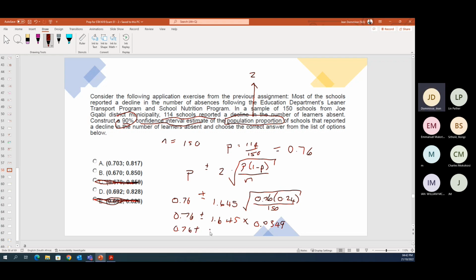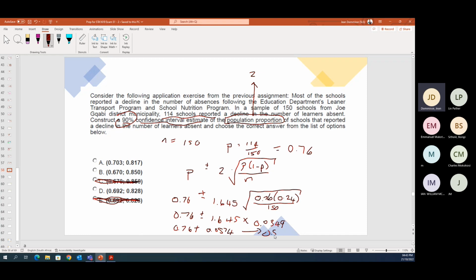So it's plus 0.0574. Okay, in this instance they do 3 decimals, so it's nearly very difficult to know beforehand where you're going. But if you add those together, you get 0.817, which is option A.